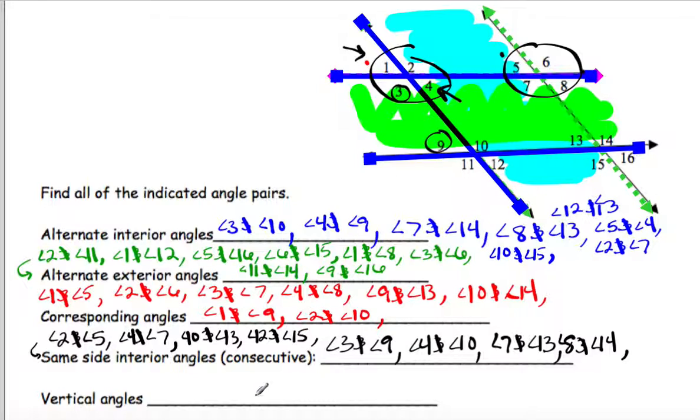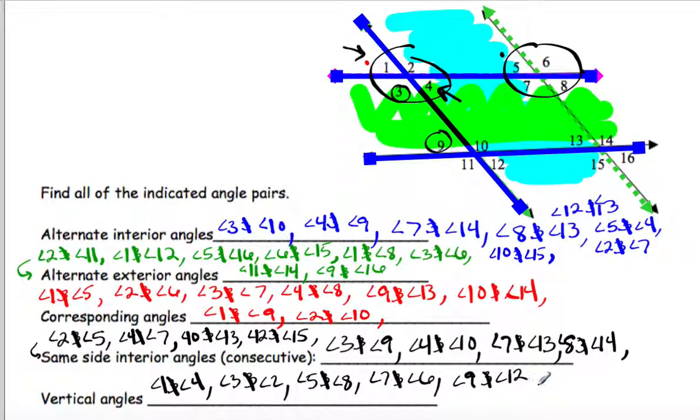Like 1 and 4 are vertical. 3 and 2. 5 and 8. 7 and 6. 9 and 12. And I'm just going to put dot, dot, dot. There's many more. 10 and 11, 13 and 16, 14 and 15. Those are all vertical angle pairs.